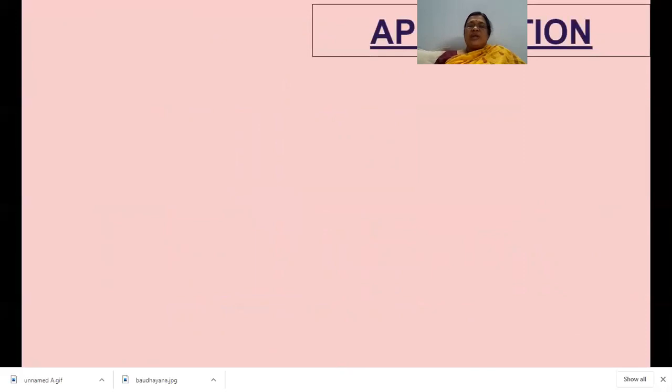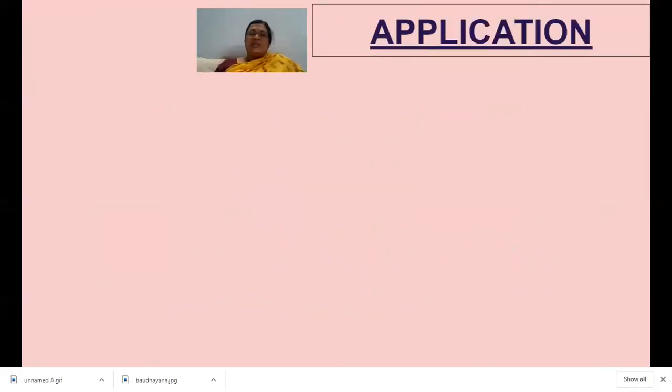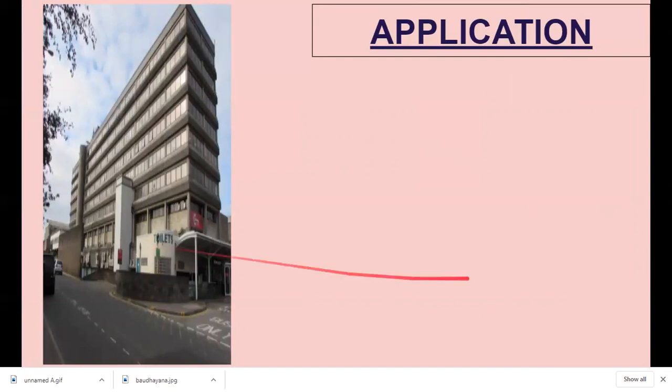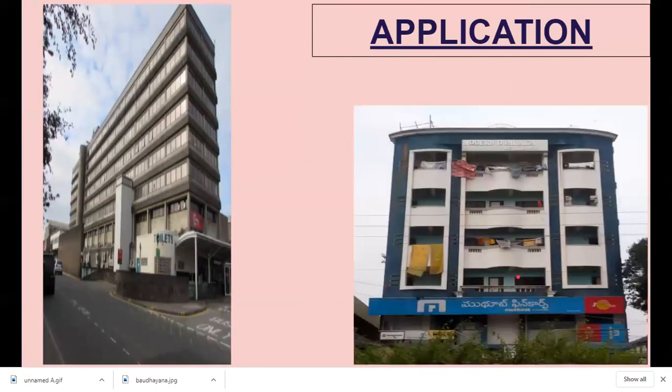This is widely applied in every area of mathematics and in our daily life. See here, we can observe a building, and this is one more building. Some accident has occurred on top of the floor of a building. How do we reach that top floor?